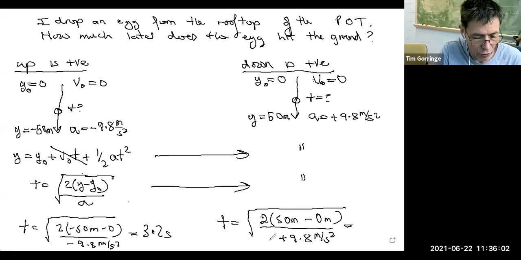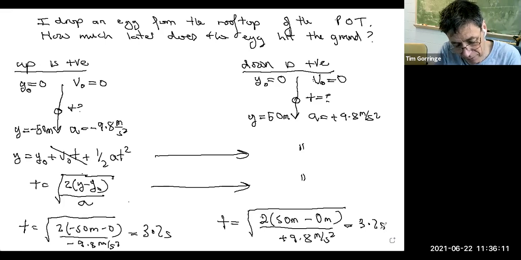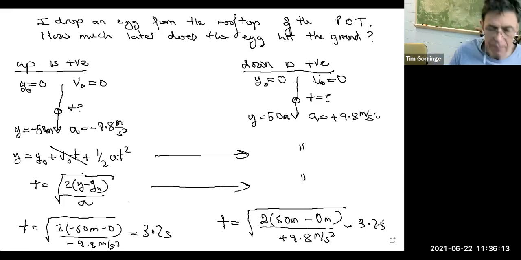And if I take the square root of 10.2, the ratio of these two numbers, I'm going to get my 3.2 seconds again. In both cases, we've discovered that the egg hits the ground positive 3.2 seconds after it was released.